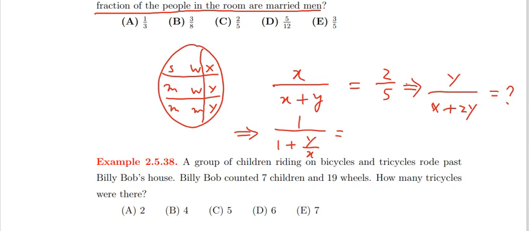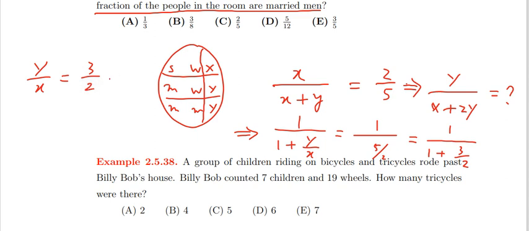So we change this 2 as 1, so 1 over 5 over 2. Okay, and we change this 5 over 2 as 1 plus 3 over 2, right? So we say y over x equals 3 over 2.